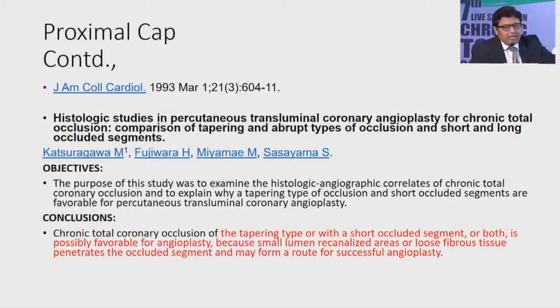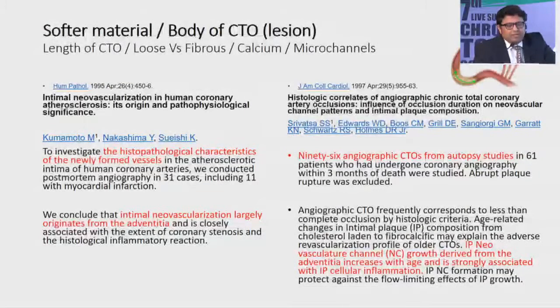The proximal cap studies done histologically by Katsuragawa had shown the tapering type, or with a short occluded segment, or both, is possibly favorable for angioplasty. The body of the CTO, as we know, depends on the length, and it will be with loose fibrous tissue, calcium and microchannels.